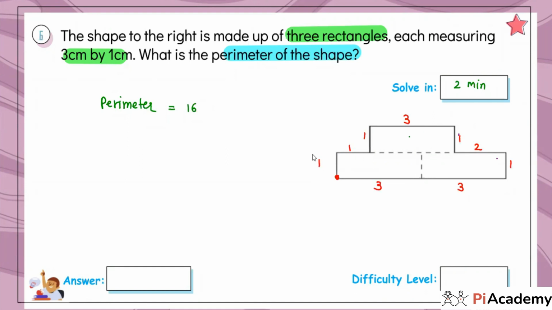So if you add 3 plus 3, 6, 6 plus 3, 9, 9 plus 1, 10, 10 plus 3, 13, and 13 plus 3, it means 16, okay? And the unit is going to be centimeter. So the answer of this question is 16 centimeter, and I can say this is a medium category question because something hidden is here and you have to take care of that.